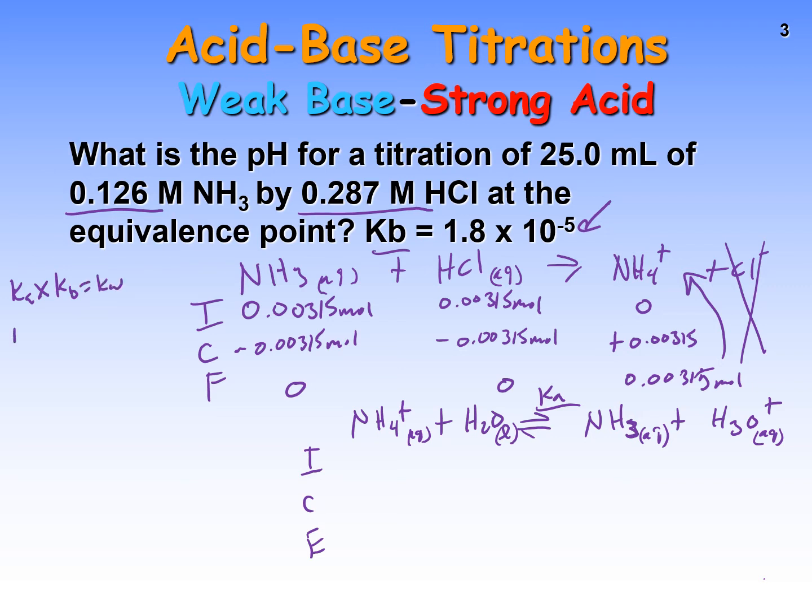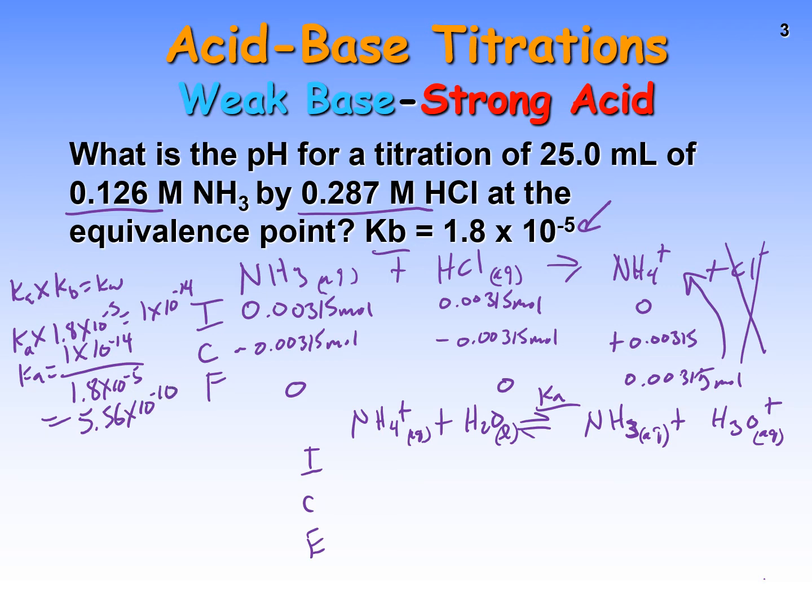So I know that Ka times 1.8 times 10 to the negative 5 is equal to 1 times 10 to the negative 14, or that Ka is equal to 1 times 10 to the negative 14 all over 1.8 times 10 to the negative 5, which equals 5.56 times 10 to the negative 10. Okay, so we have our Ka.